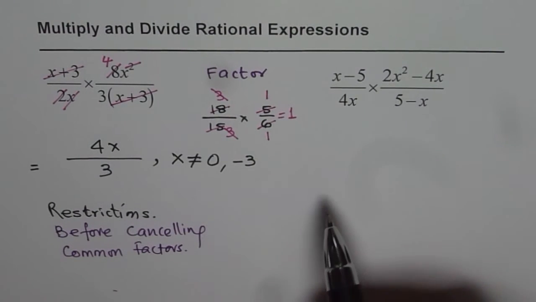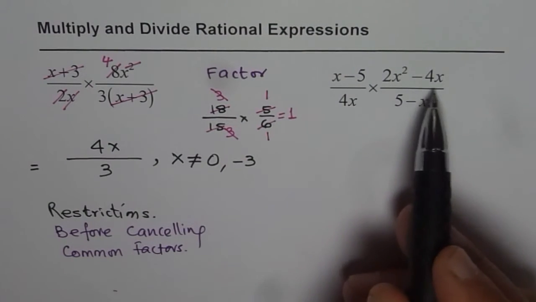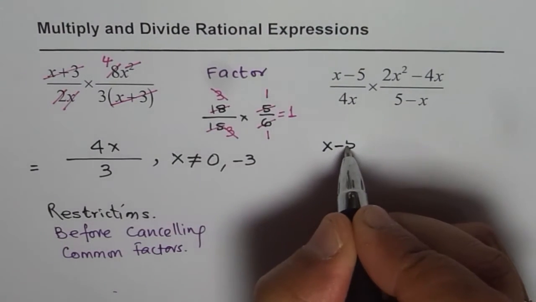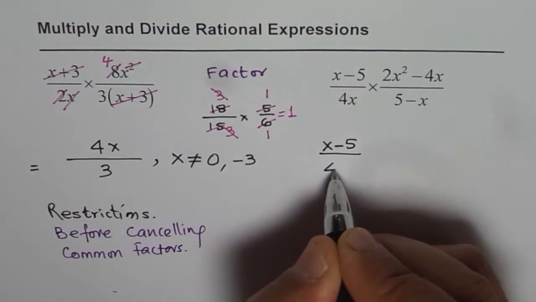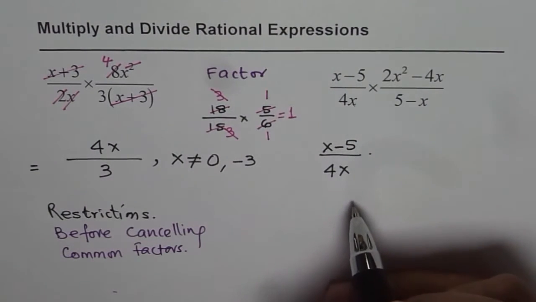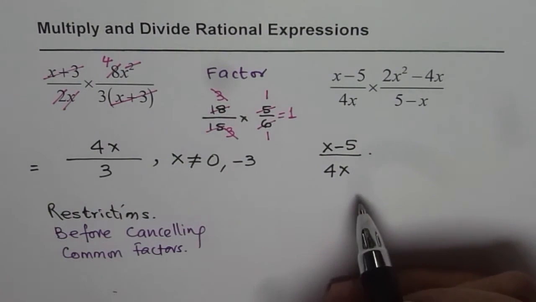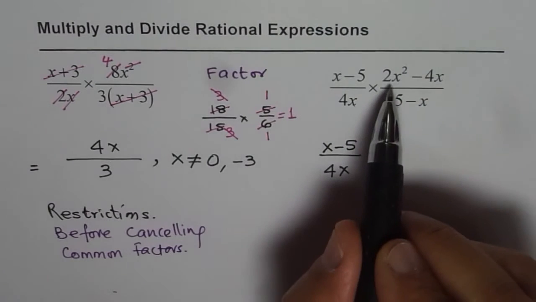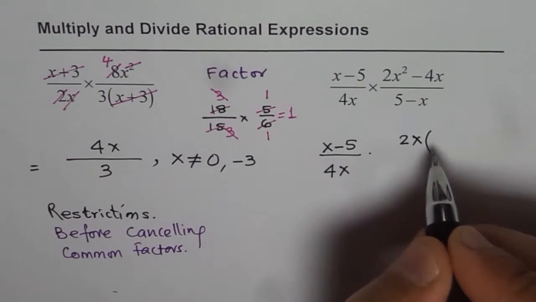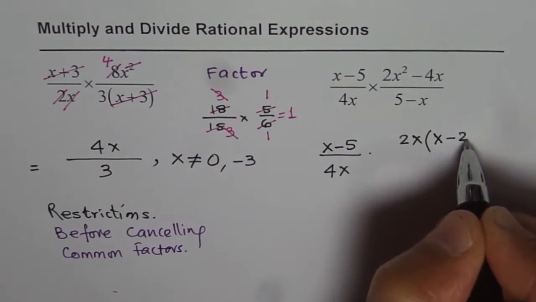In the second one, we have to do a little bit of factoring. We have x minus 4, x minus 5 in the numerator, 4x in the denominator. We are trying to multiply this by, you can write a dot or nothing in between, which also means multiplication, 2x squared minus 4x over 5 minus x. We can factor 2x in the numerator. So 2x, you're left with x minus 2.